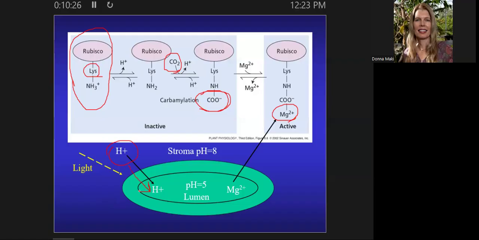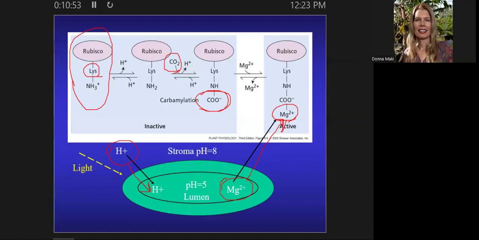Okay, so then you get a bunch of protons building up. What that does, which I haven't really talked about to date, but what they notice is as the protons are coming in, that allows for magnesium to come out of the lumen. And then the magnesium attaches to the carbamate form, and now Rubisco is fully functional.